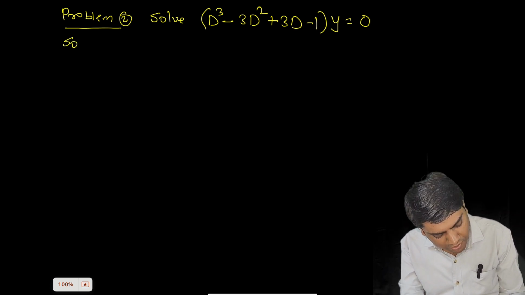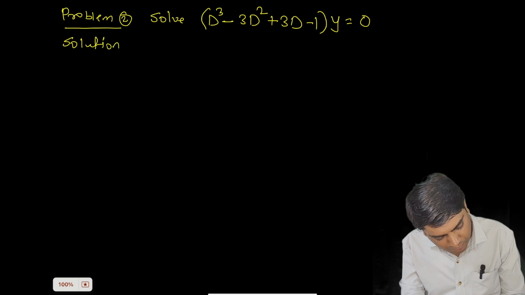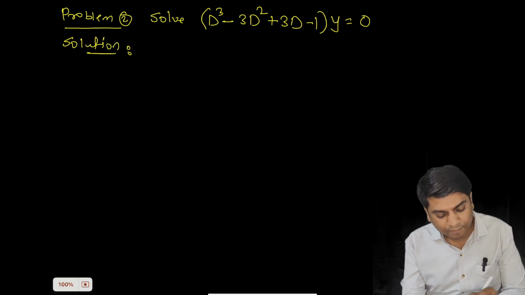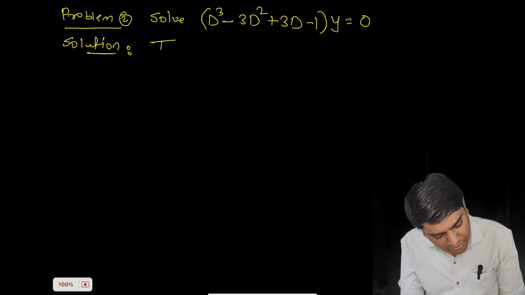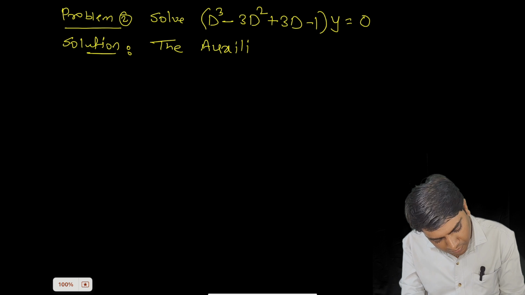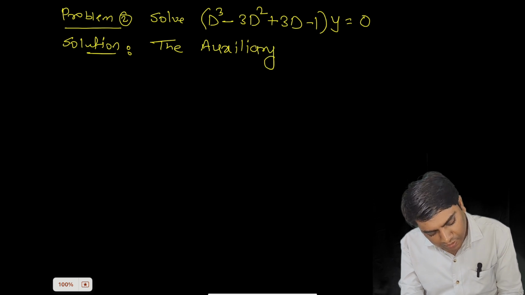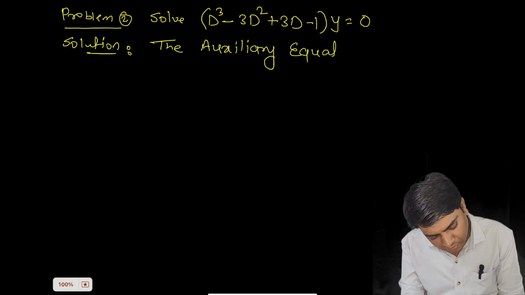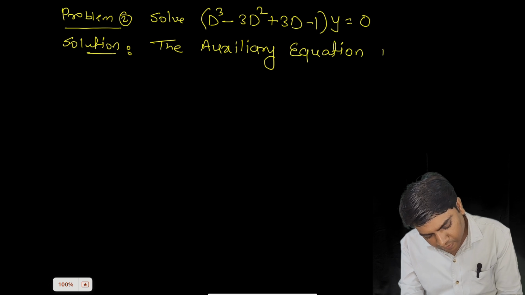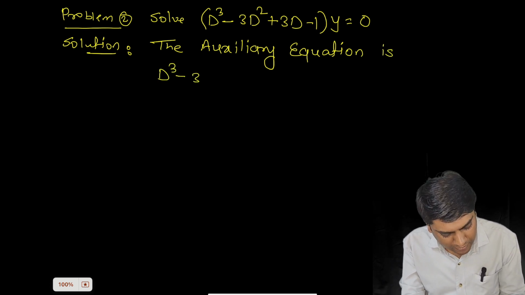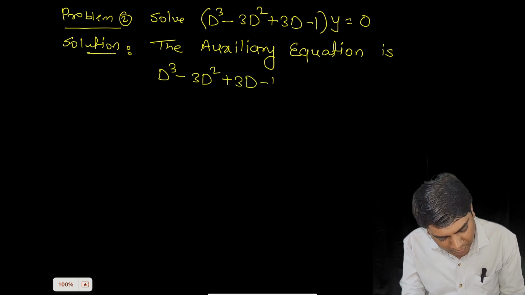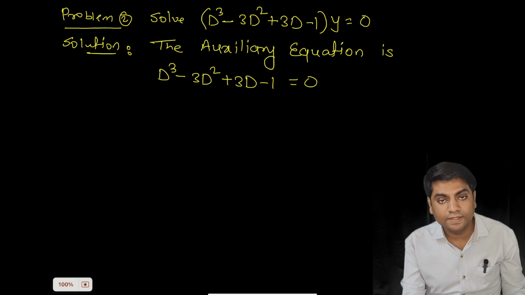So solution, first we write the auxiliary equation. So the auxiliary equation is D cube minus 3D square plus 3D minus 1 is equal to 0.